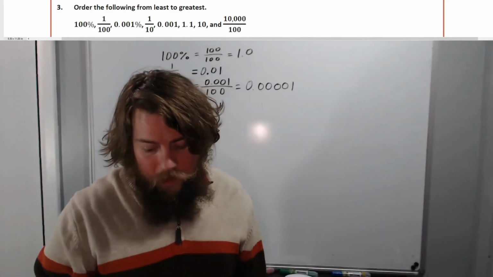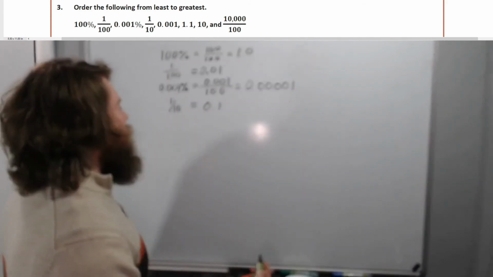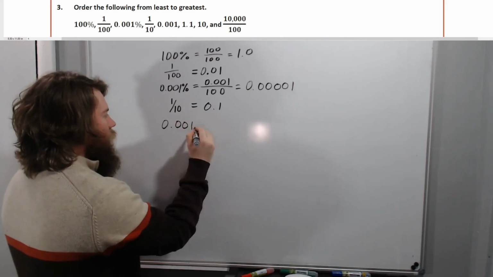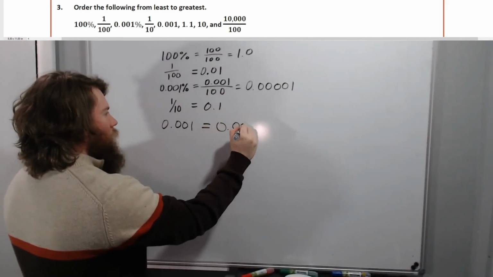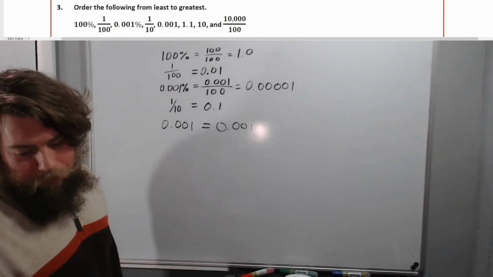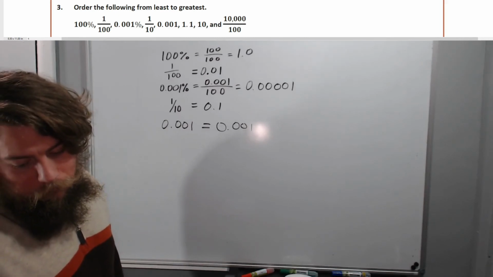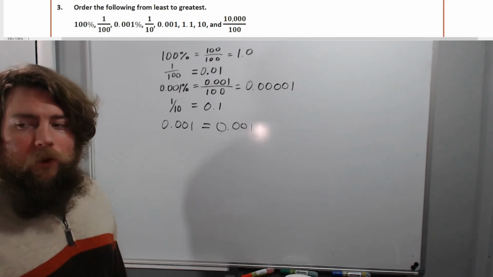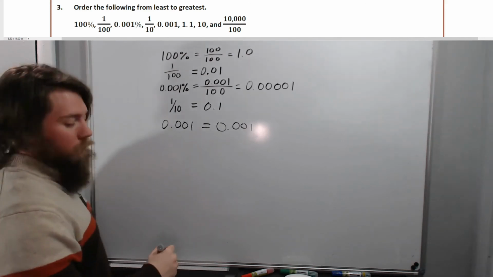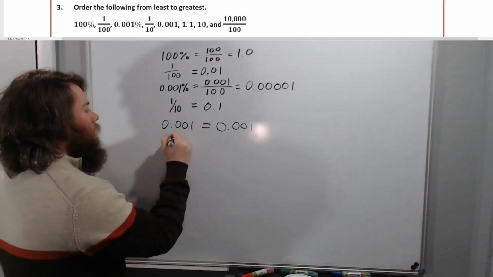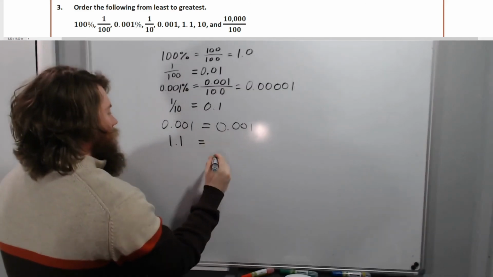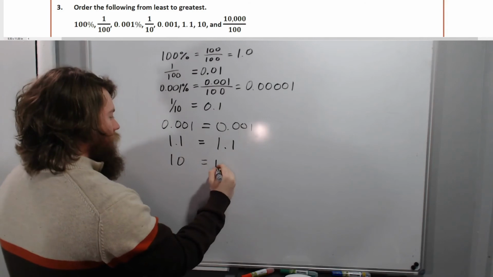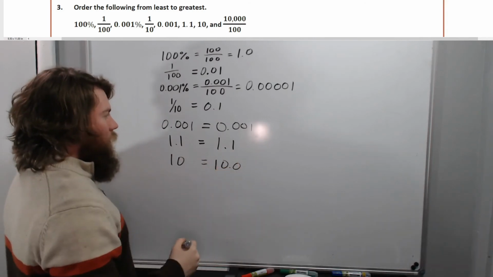Okay, next we have 0.001. It's already in decimal form, so that's great. Didn't really have to do anything to that guy. We're not going to have to do anything to the next two either because they're already in decimal form. So the next one is 1.1. Finally, we have 10. We could say 10.0 if we want.